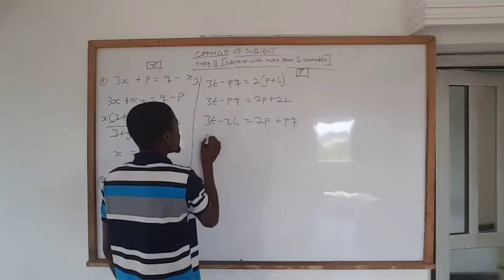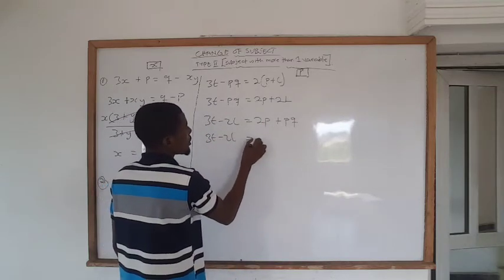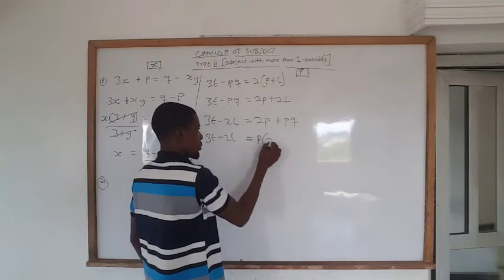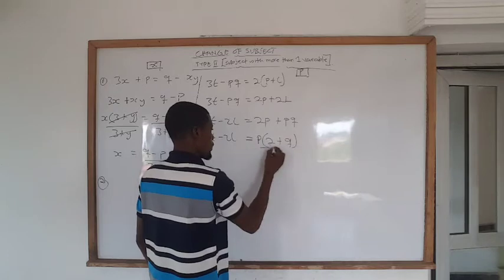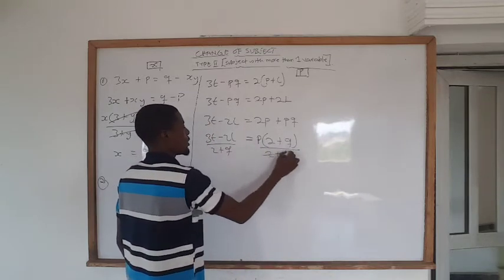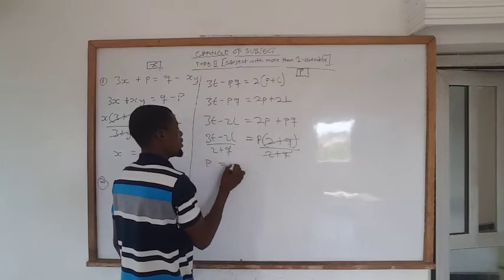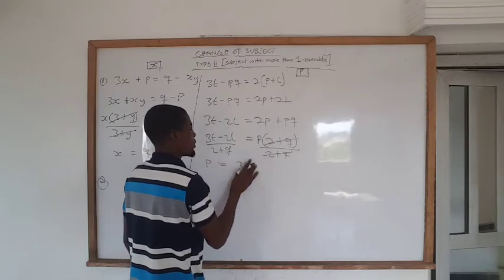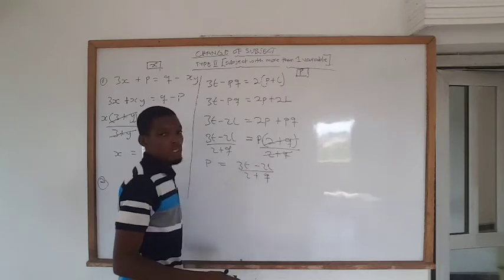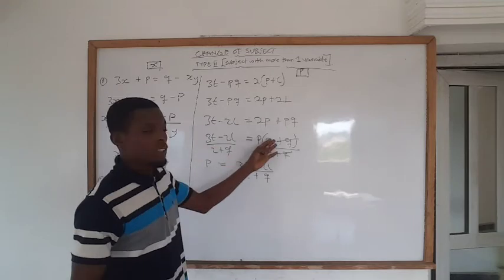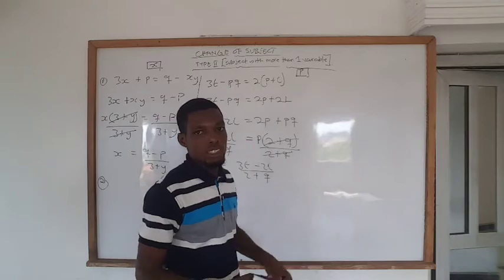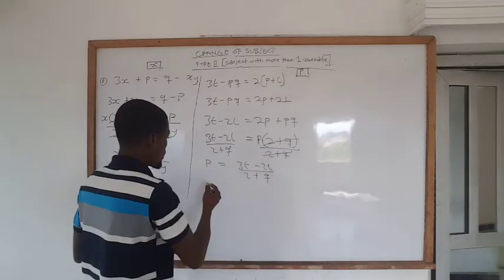So we have 3t minus 2l equals, since they are 2, we factorize p out, so that we have 2 plus q. So we divide here by 2 plus q, divide here by 2 plus q. This cancels that, so we have p equals 3t minus 2l all over 2 plus q. Once you get a final answer, you can just reverse their positions. It doesn't matter at all.